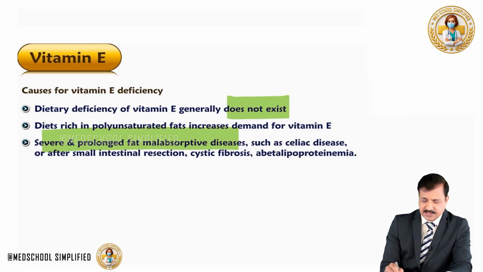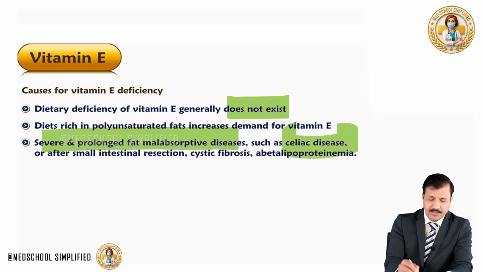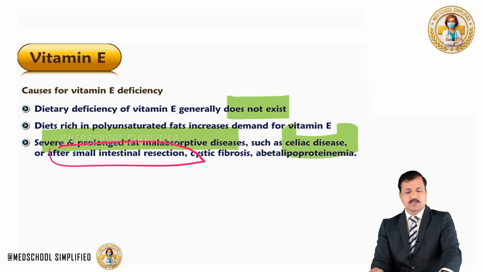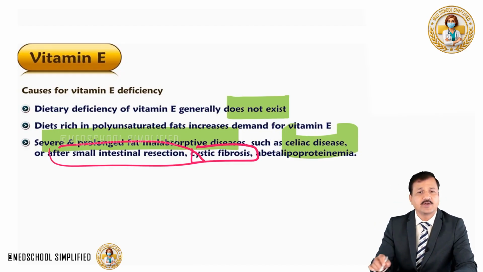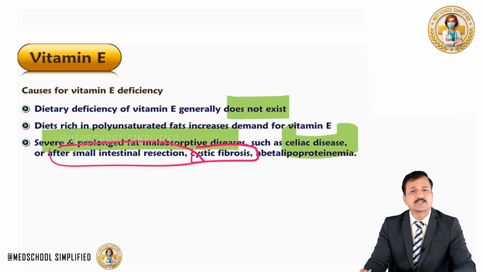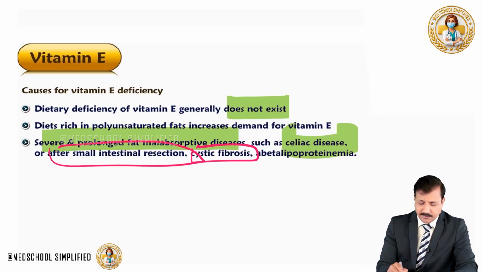It is celiac disease, or it can be a small intestinal resection, or it can be cystic fibrosis, where the exocrine pancreas is not working properly and pancreatic secretions are not coming into the intestinal lumen, or it may be because of abetalipoproteinemia.